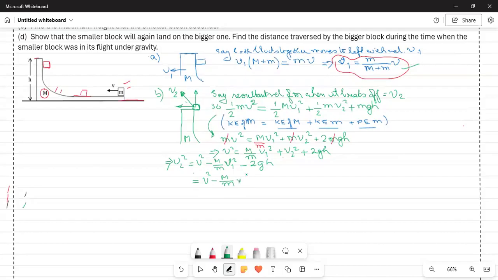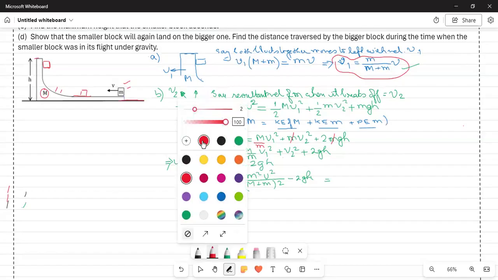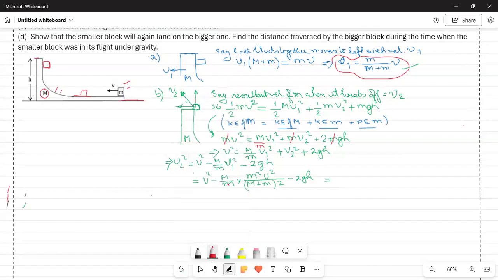So this multiplied by small m square, V square divided by capital M plus small m whole square, minus 2GH. One of the small m will get cancelled. This small m will get cancelled with m square and only one m will remain with me.